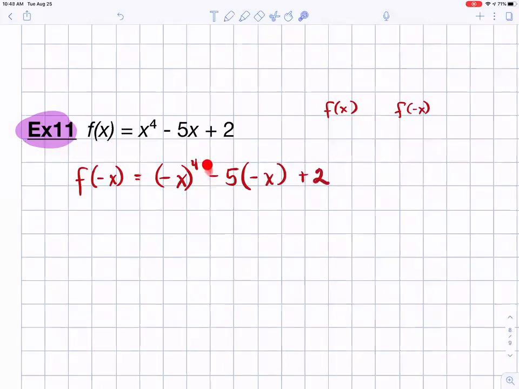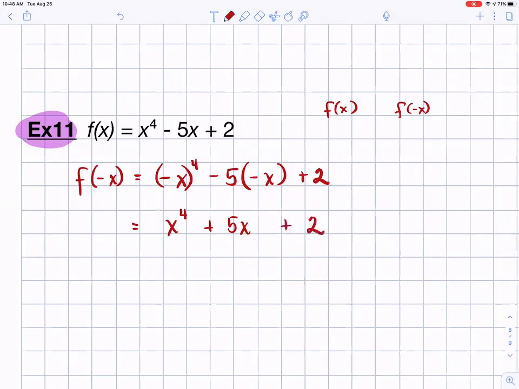Okay, first term. What does it become? Positive or negative? Positive, there's 4 negs. How about the middle term? Also positive 5x. Neg times neg is pos. And then what's the last term?